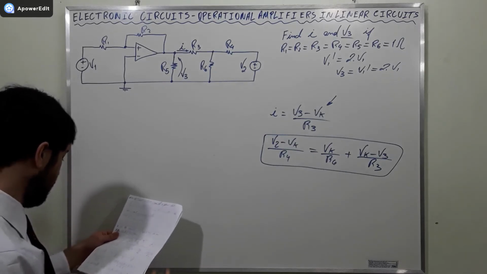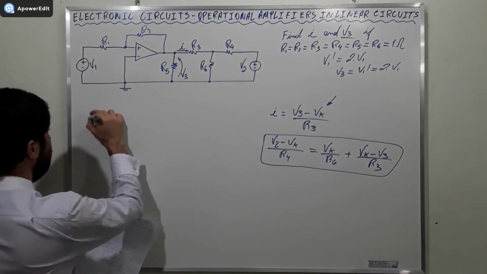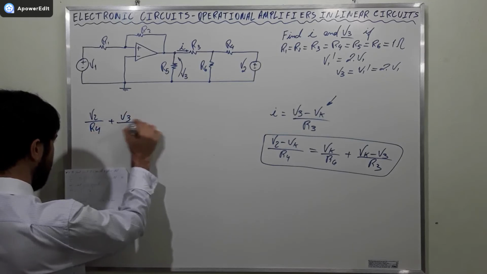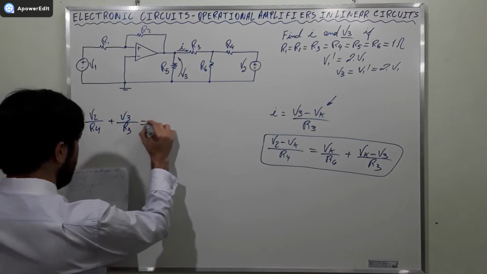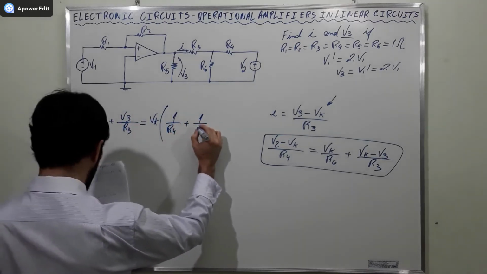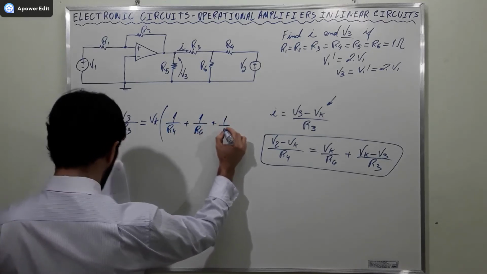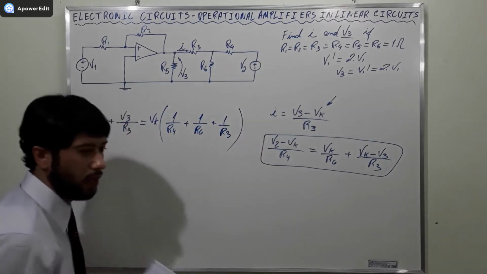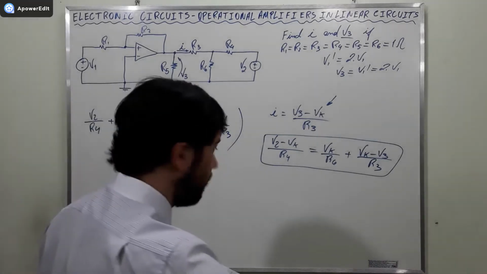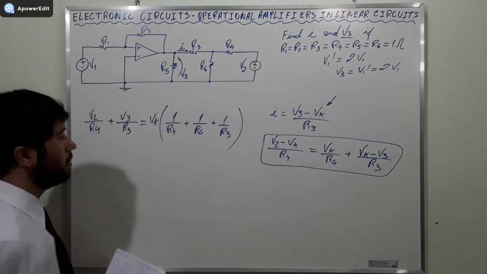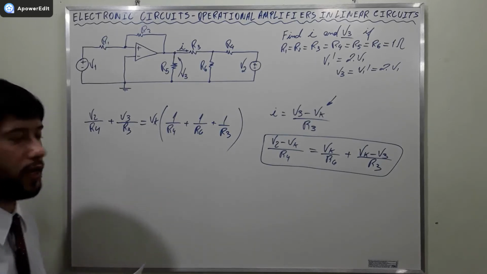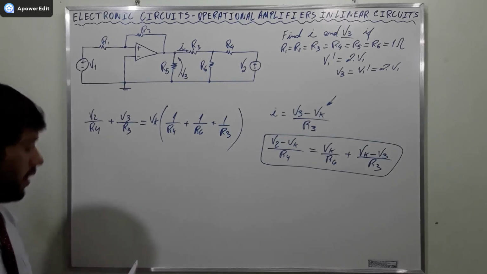You're going to find that V2 divided by R4 plus V3 divided by R3 is going to be equal to Vk times 1 over R4 plus 1 over R6 plus 1 over R3. And then you solve this.